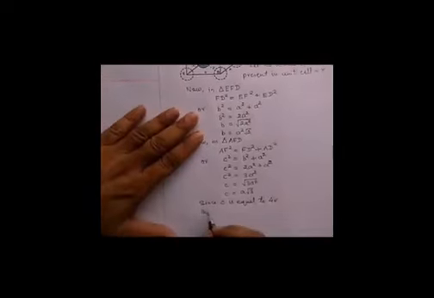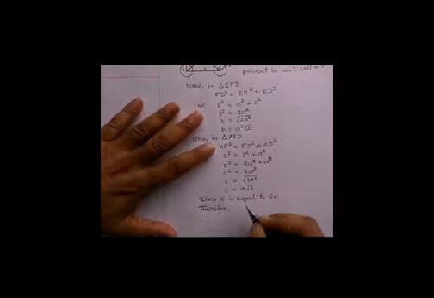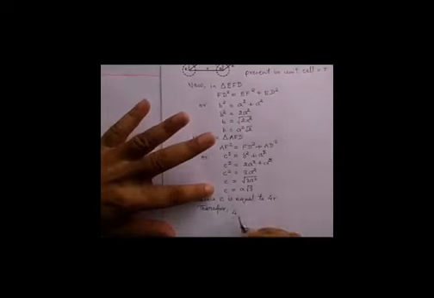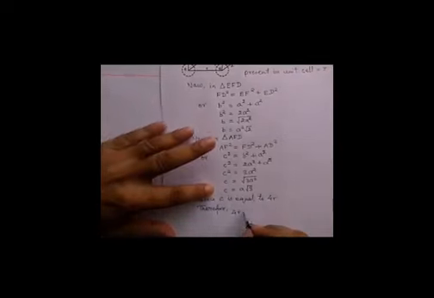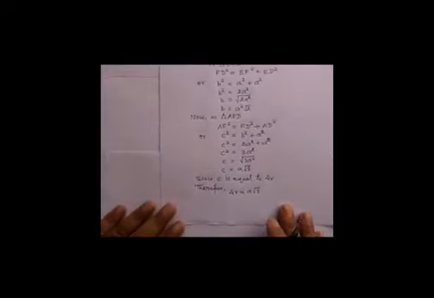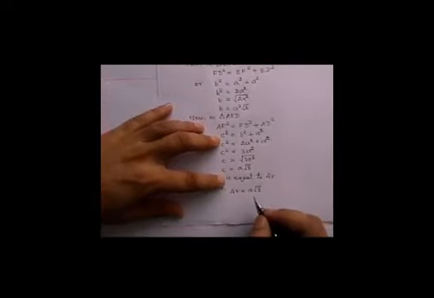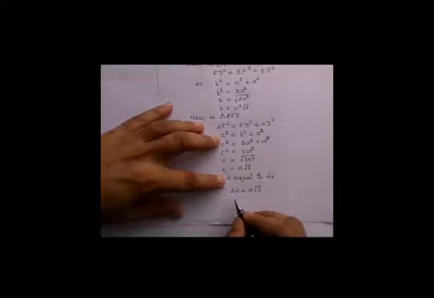You can write 4R is equal to A root 3. From this we can have the value of A. If A is to be found, root 3 will be moved to the other side and the equation will become 4R by root 3.